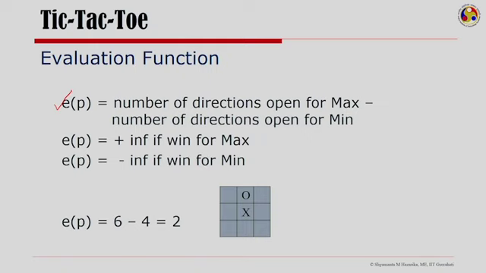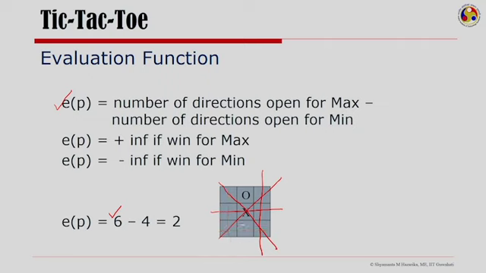Now, in this position shown on your screen, you have directions open for Max as this one, 1, 2, 3, 4, 5 and 6. So, the directions open for Max are 6.